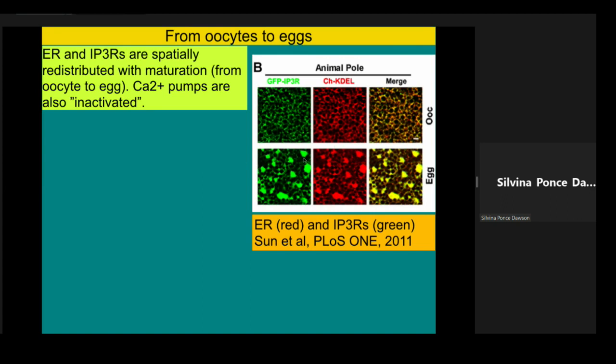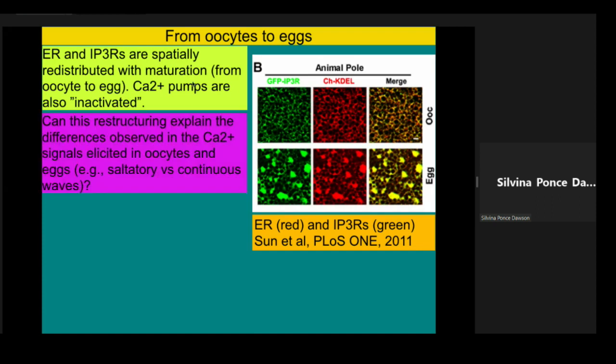These are experiments published by some other group that show a redistribution of the IP3 receptors in the oocyte and in the egg, with patches of high density, and a more continuous distribution of the receptors. But there are other changes with maturation too, like some pumps that extrude calcium out of the cell; they are also invaginated, and so they don't work. But we were looking mostly at the spatial distribution. We thought that was the reason.